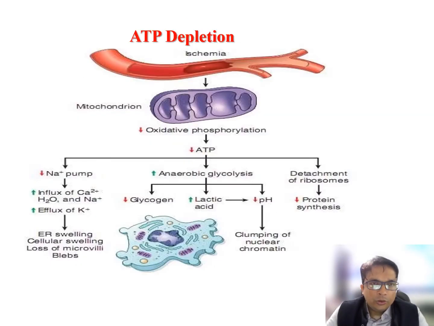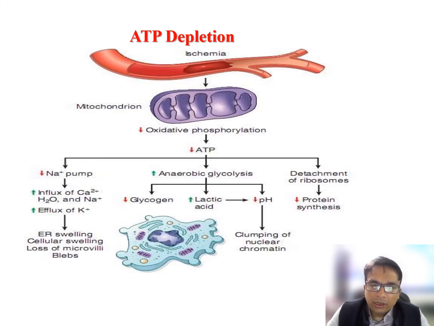The first and foremost pathogenesis of cellular injury is ATP depletion. What exactly occurs in ATP depletion? Why is there ATP depletion? In the first video that I made on cellular adaptation and cellular injury, I talked about the etiology of cellular injury.